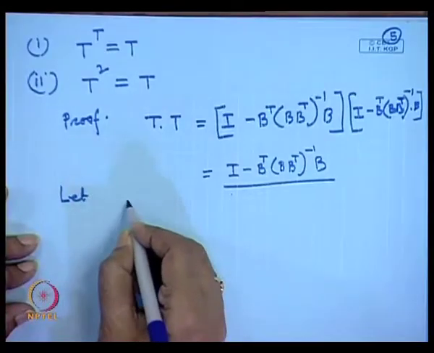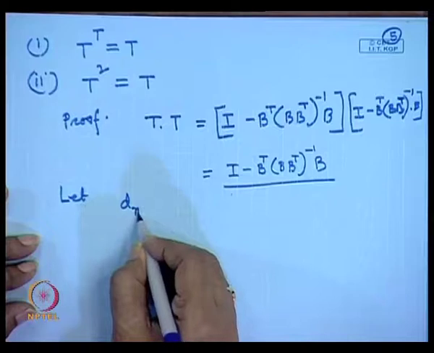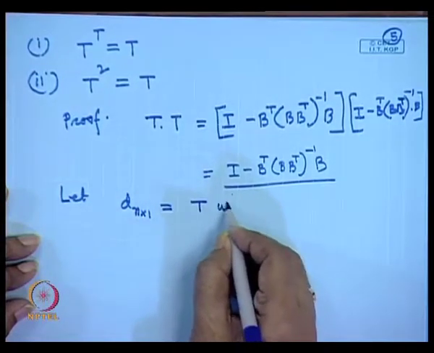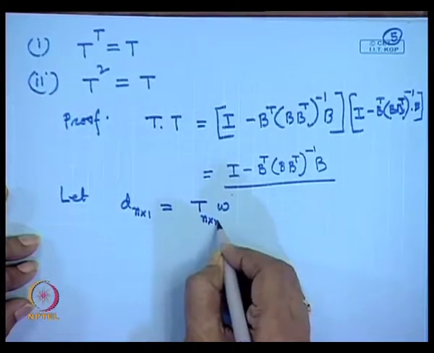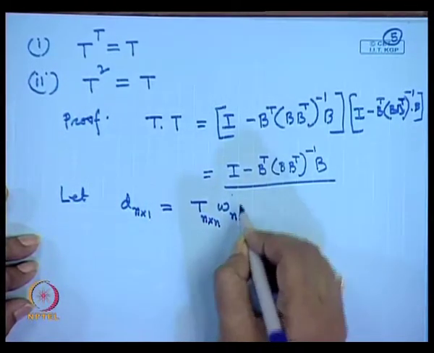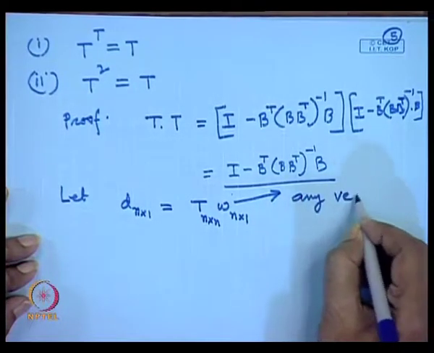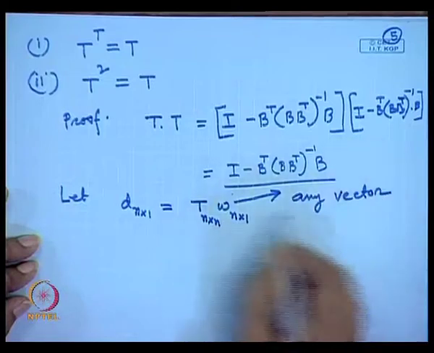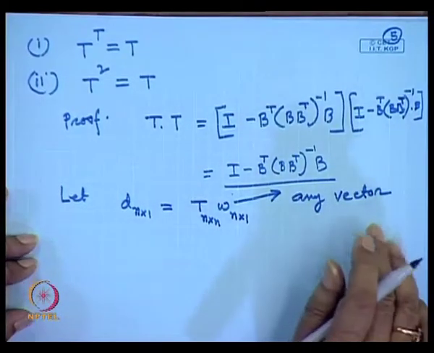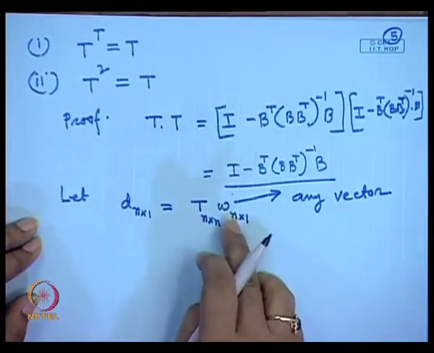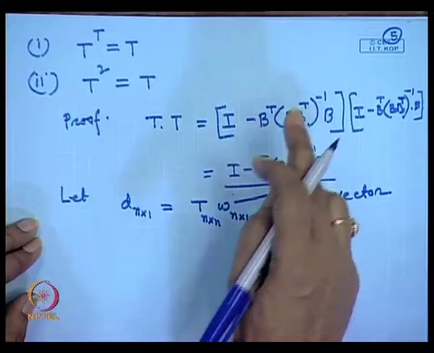So, these are the two objectives. Our choice of direction vector d, of dimension n cross 1, is equal to T into w, T of dimension n cross n, and w is any vector of dimension n cross 1. And so, when w is any vector, d is any direction.